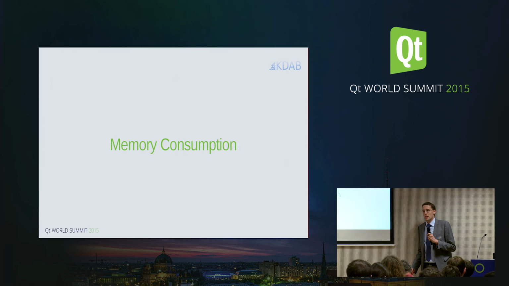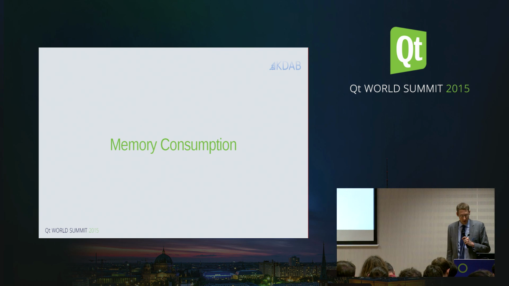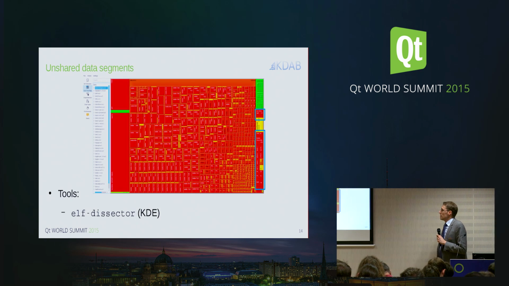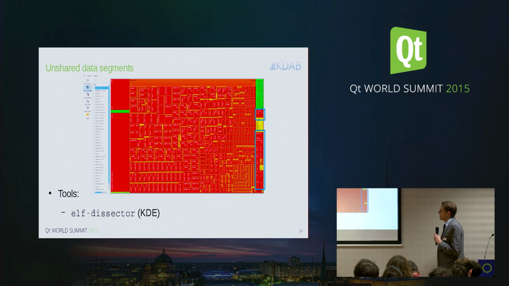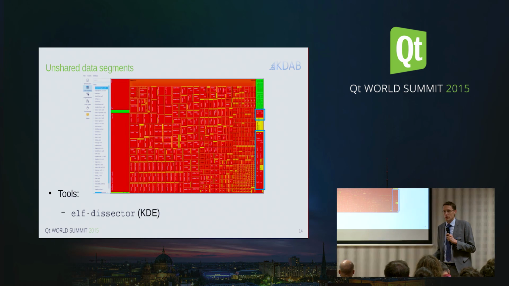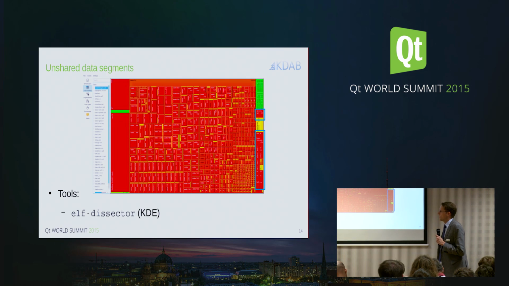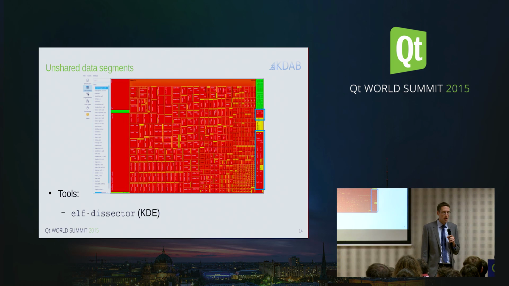Right, there's also performance aspects where looking at the binary file is quite useful. Memory consumption for once. As I mentioned earlier, we have read-writable sections that aren't shared, that are basically always allocated once you use a specific DLL. In order to visualize that, there is a tool called Elf Dissector from KDE.